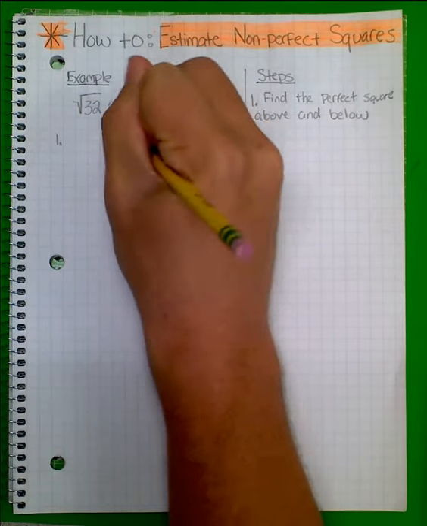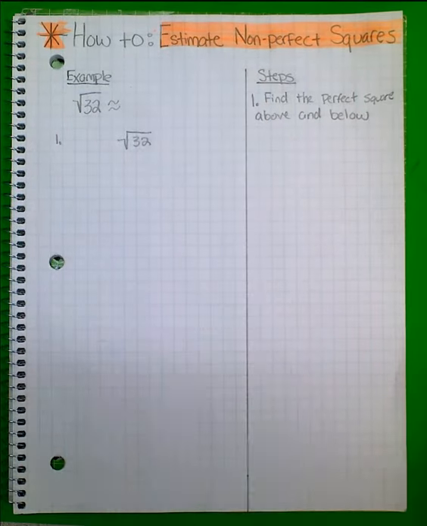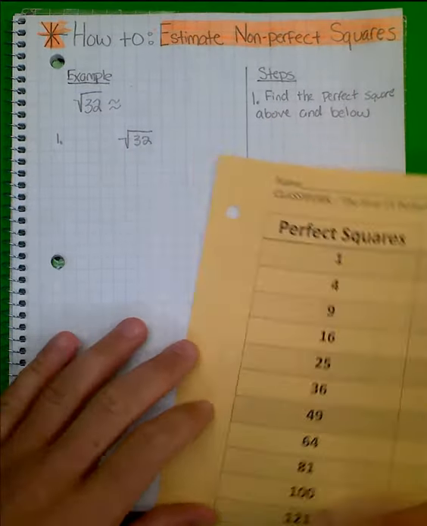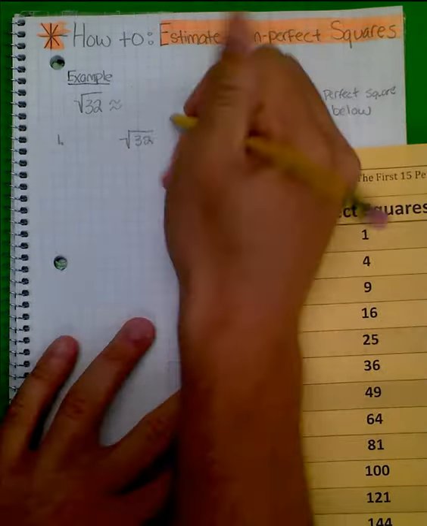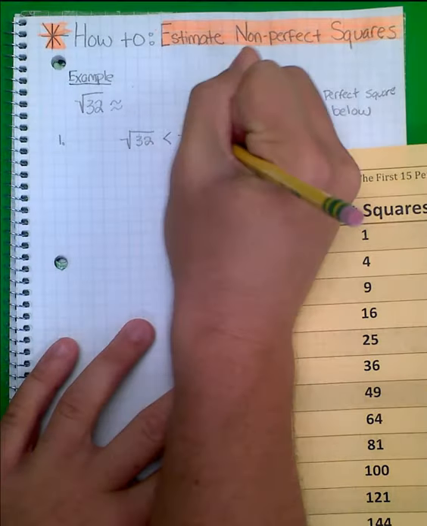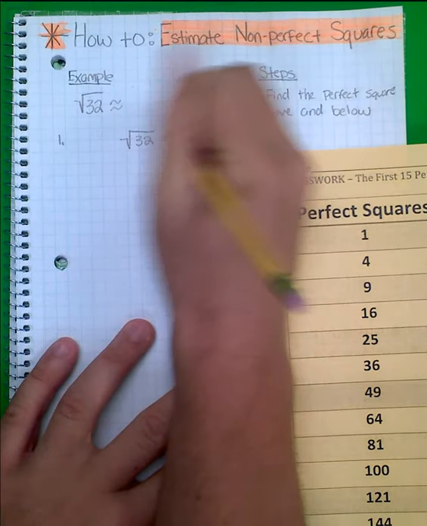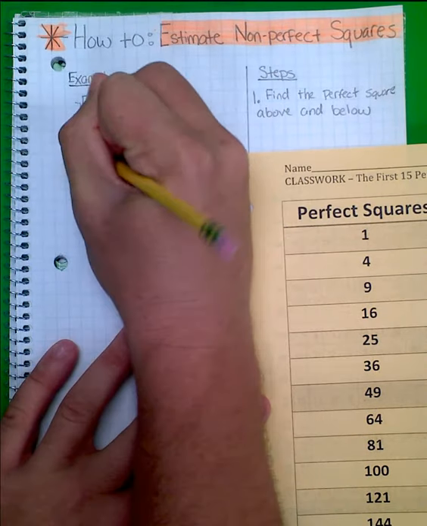I know that 32 falls between 25 and 36. It's somewhere in the middle here. So I'm going to find one above, which is the square root of 36, and one below, which is the square root of 25.